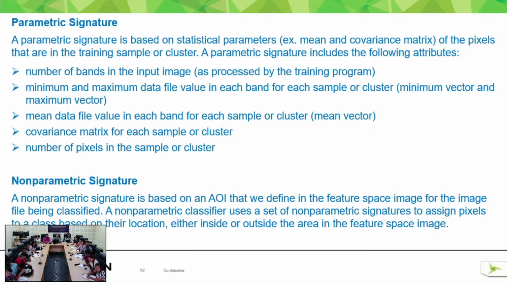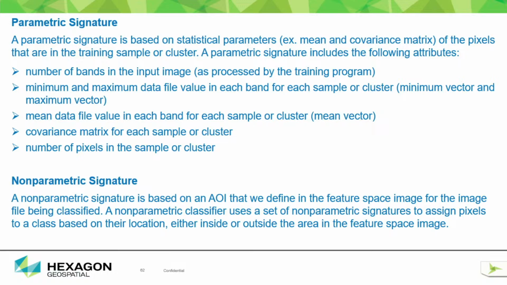And parametric signature is based on the statistical parameters. So whatever signature we collect has some mean, median and standard deviation values. So we have the mean and covariance matrix of the pixels that are in the training sample or cluster.